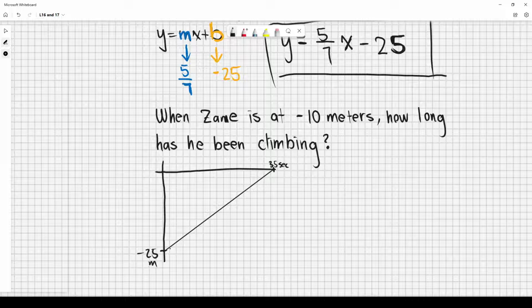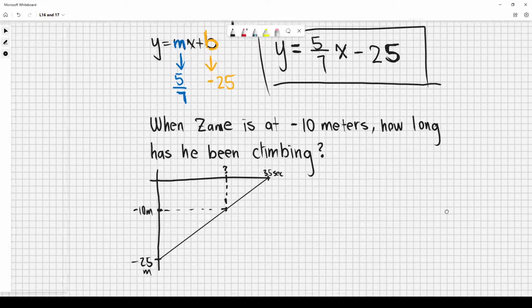It's negative 25 meters. And then when he's at negative 10 meters, that's around maybe here, I guess. Negative 10 meters. How long has he been running? What is the time here? So that's the answer. That's the question.